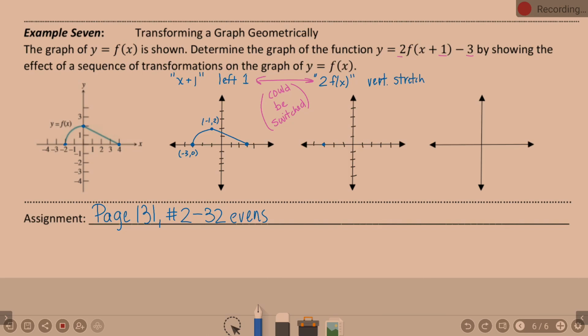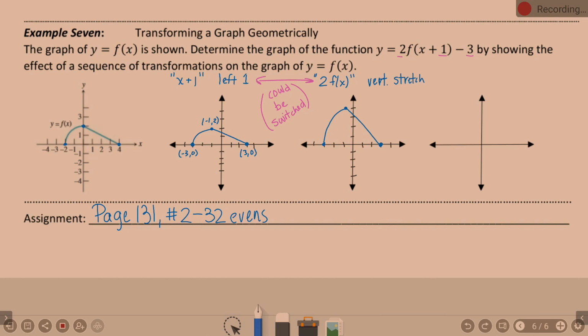If that point is at -1, 2, it's now going to be -1, 4. And then our other point was at 3, 0. That y value is 0 this time, so it's just going to stay at 3, 0. Again, we have a curvature between the first 2 points, a straight line between the next 2 points.